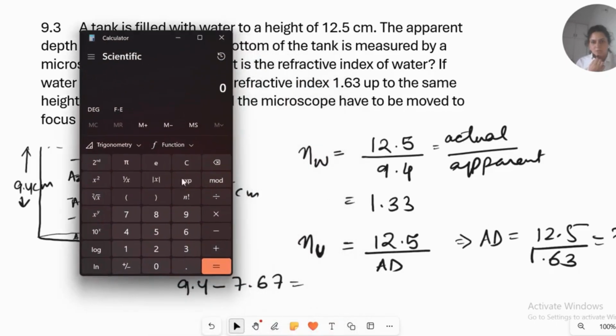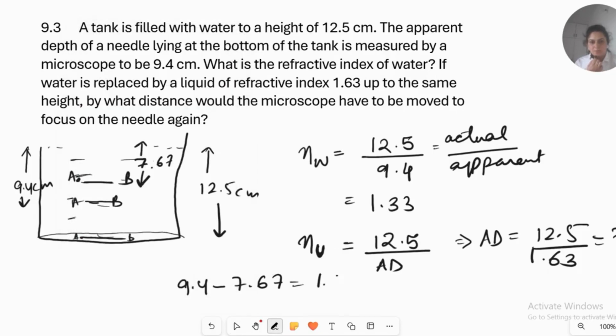How much it would be? 9.4 minus 7.67, by a distance of 1.73 centimeter. The microscope has to be moved backwards so that it has a sharper image of this needle.